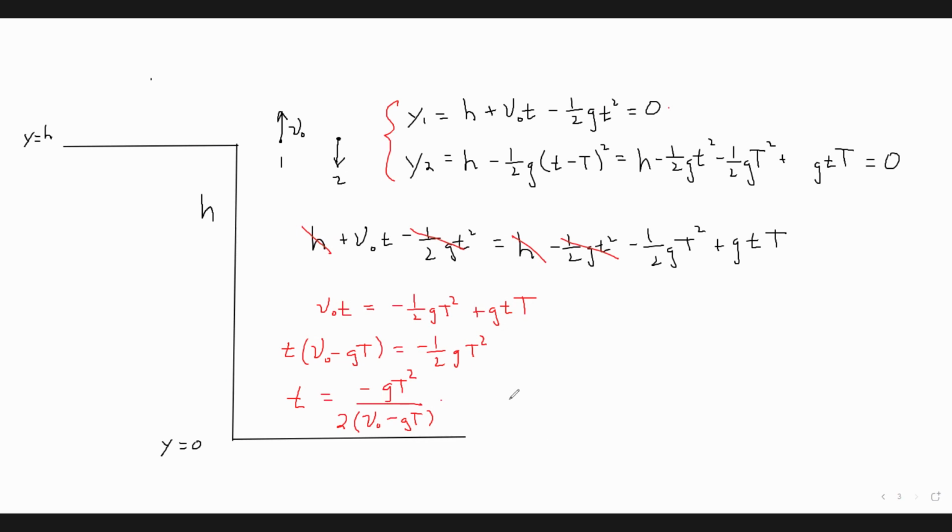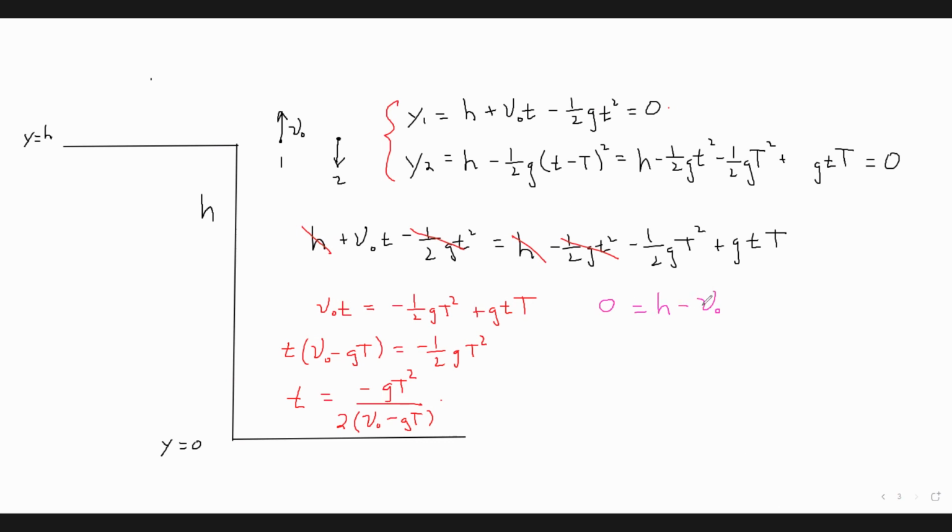So plugging in, I end up with, let's use another color because I'm on another thought here, 0 equals h plus v0 times t, which means I'm going to have a minus sign right here.